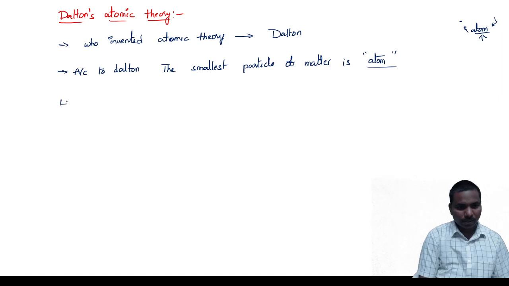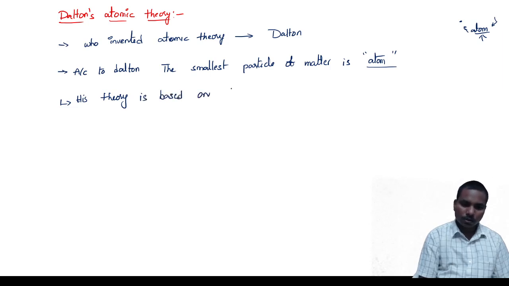His theory is based on the law of chemical combination. What is this law of chemical combination?